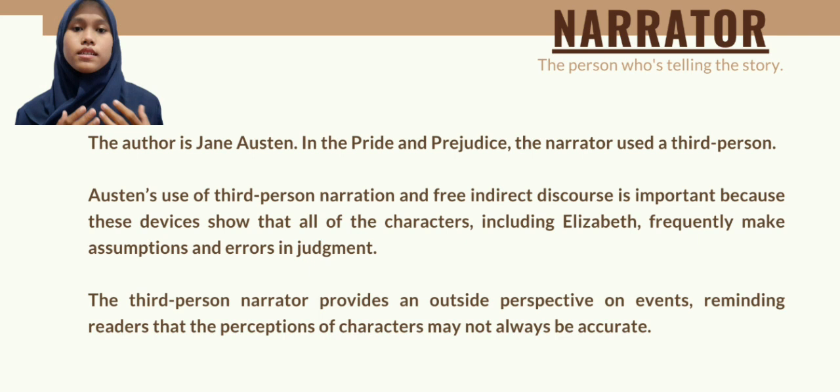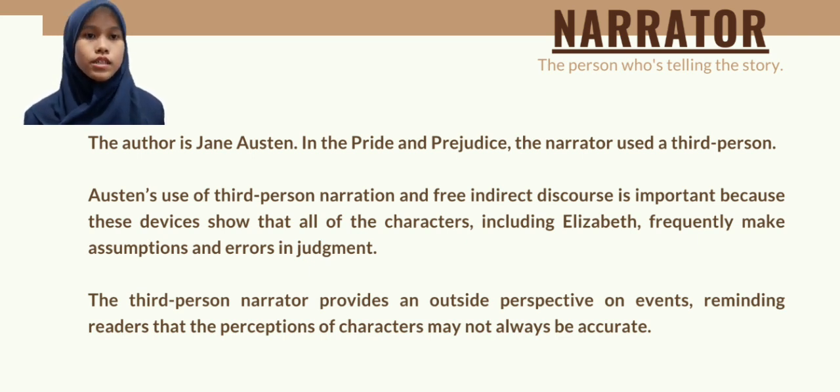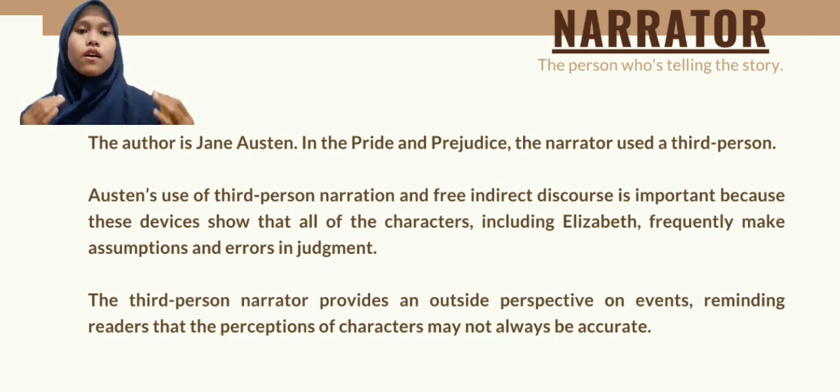Okay, the seventh element is narrator. The author is Jane Austen. In this novel, Jane Austen used a third person. Austen's use of third person narration and free indirect discourse is important because this device shows that all the characters, including Elizabeth, frequently make assumptions and errors in judgment.